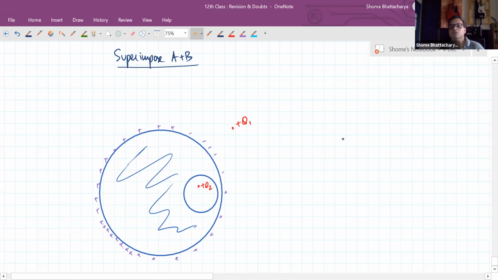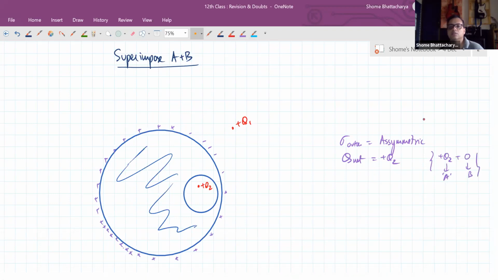Okay. So sigma on the outer surface is asymmetric, because it is like the superposition of a symmetric and asymmetric. But net charge is plus Q2. Okay. Because there was Q2 symmetrically from event A plus 0 asymmetrically from event B. Okay. So this was plus Q2 due to event A plus 0 due to event B.